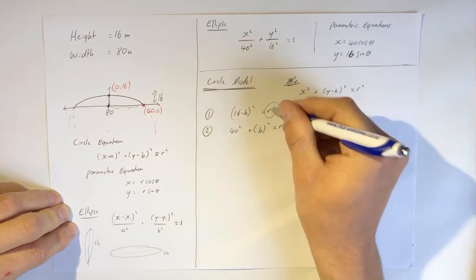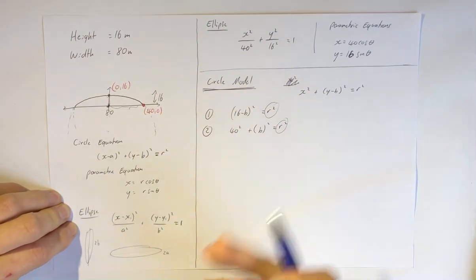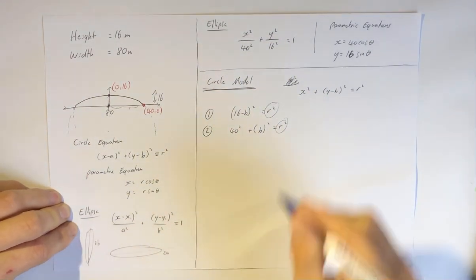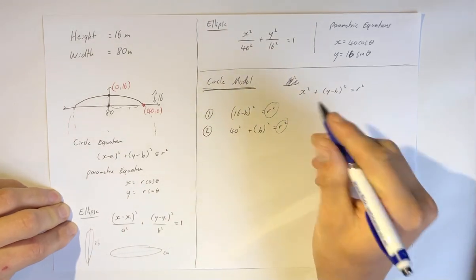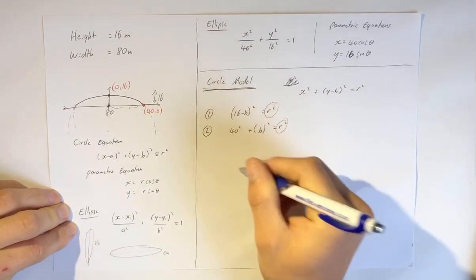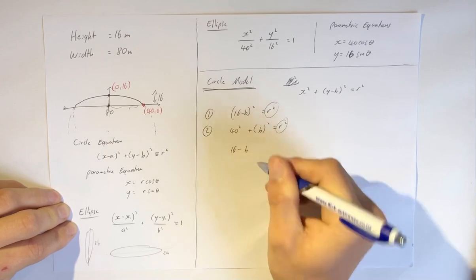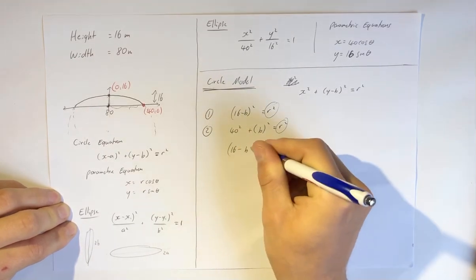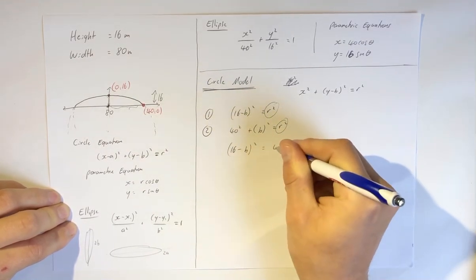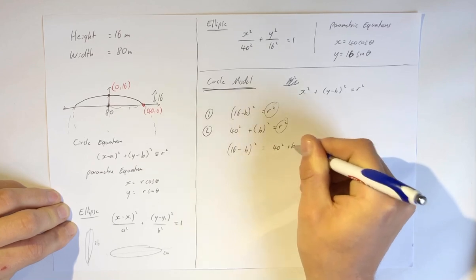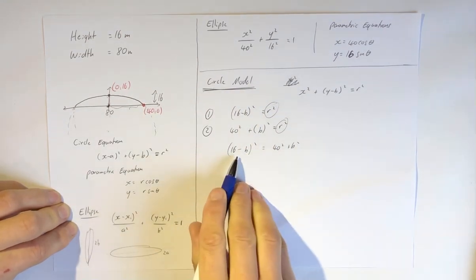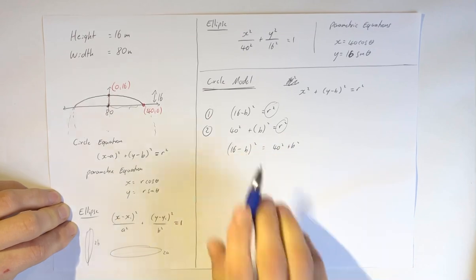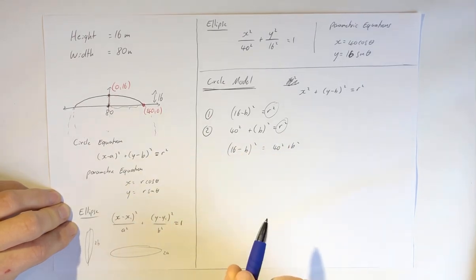I can equate the two, because they're both equal to r squared, simultaneous equations. So if I make each side equal, (16 minus b) all squared equals 40 squared plus b squared.